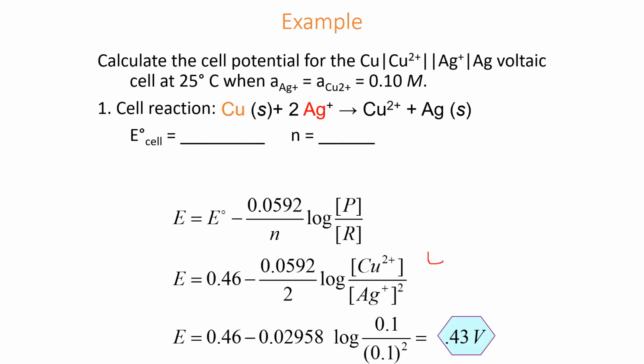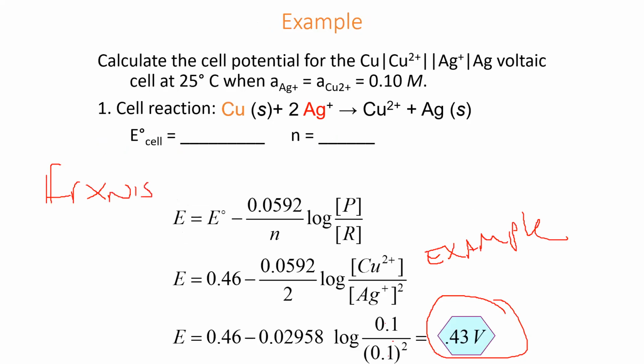So this is a good example, and that guy's a good example. Figure out my cell voltage if I change my concentration of one of these. If you see something like this, where I've seen people get caught up is, if the reaction is 90% complete, make sure you get the right numbers in here.